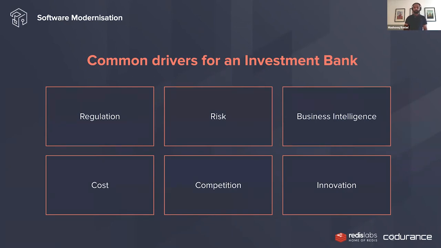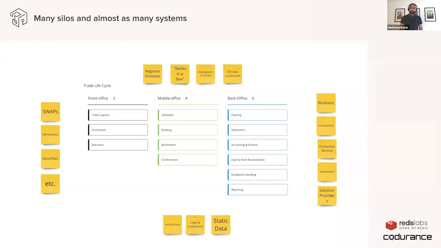So there is no choice but to improve the way our software and systems are built and work within the financial industry. To give you some context on the scale of the problem, from my own experience, you see that there are many silos within the investment bank.